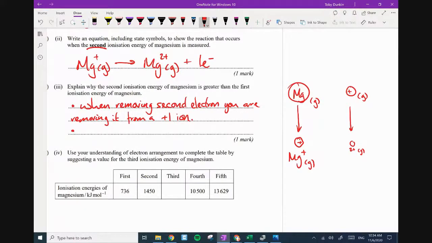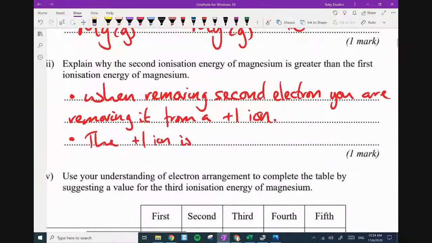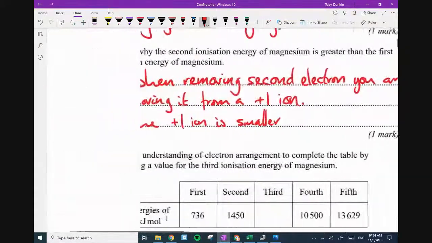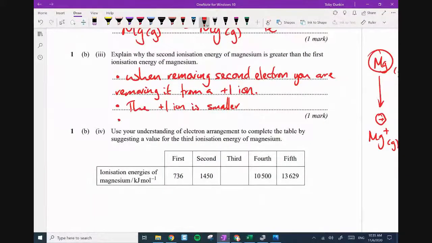Second bullet point: the 1 plus ion is smaller. Electrons closer to the nucleus. Closer to nucleus, increased attraction. Attraction, more energy to remove.